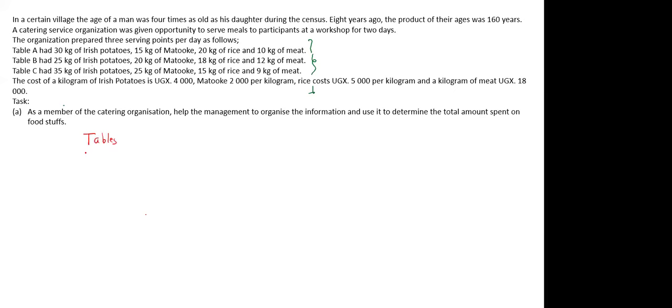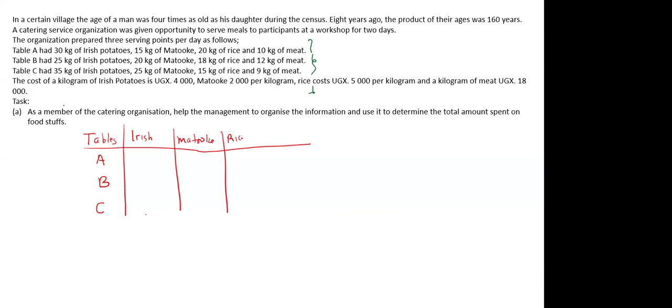And you ask yourself, what do I have in the tables? I have table A, table B, and table C. Then ask yourself, which items do you have? I have Irish potatoes, I have the matoke, I have the rice, I have the meat.